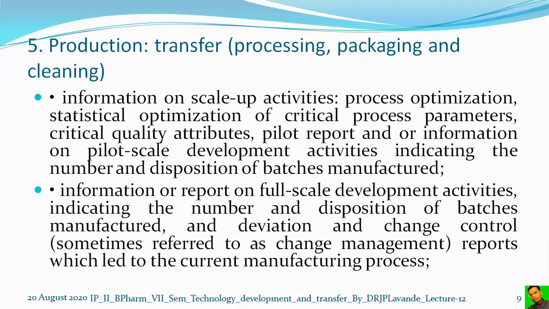In addition to that, information on scale-up activities, process optimization, statistical optimization of critical process parameters, critical quality attributes, pilot report, and/or information on pilot plant development activities indicating the number and disposition of batches manufactured. This information is to be given.